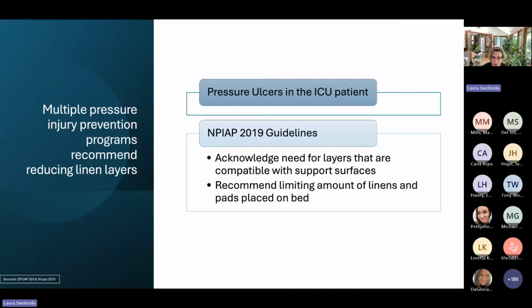So we need the correct number and the correct type, right? And those 2019 guidelines recommend limiting the amount of linens and pads placed on the bed. And now we're working on the 2025 guidelines. So we'll have an interesting time coming up with those recommendations as well. But here we have very clear recommendations reducing linen layers.